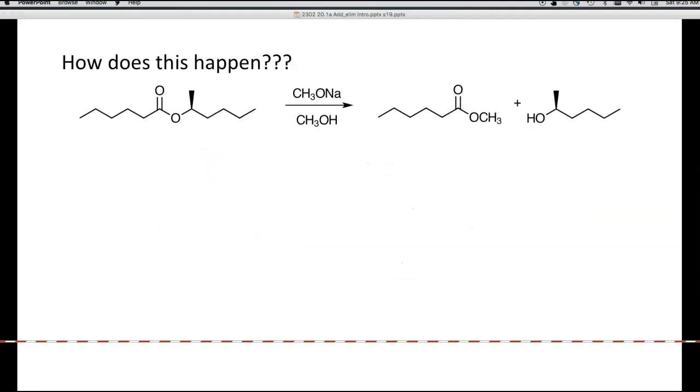Alrighty. So how does this happen? How do we know this works this way? How do we know that the real mechanism is that this comes here, kicks that guy up?